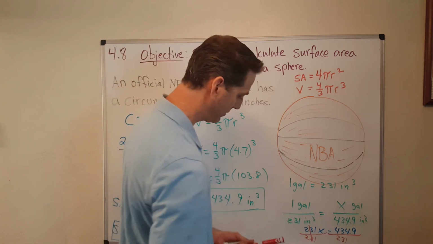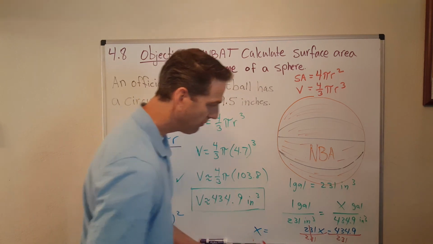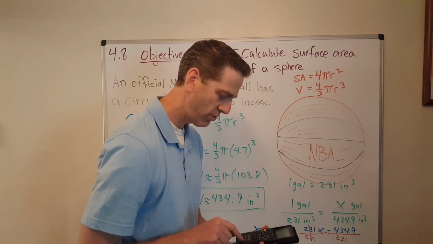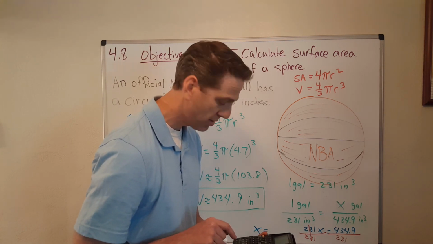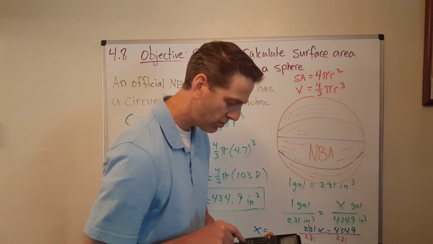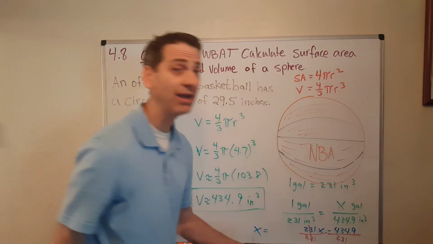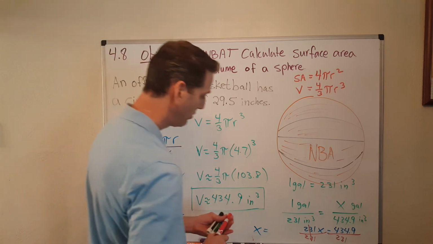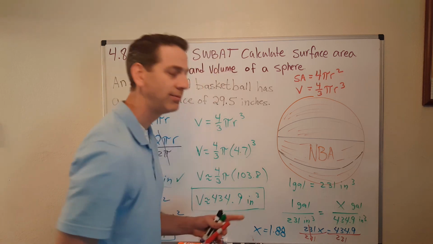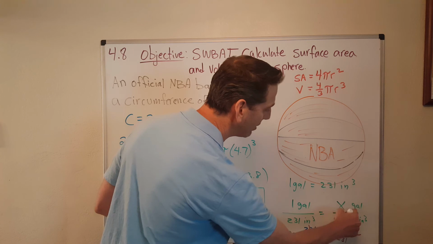So I get 1x, or just x, equals 434.9 divided by 231. I get 1.88, which is really close to what I guessed, right? I said about 2. So 1.88 what? Gallons. And I know that because it's right there.